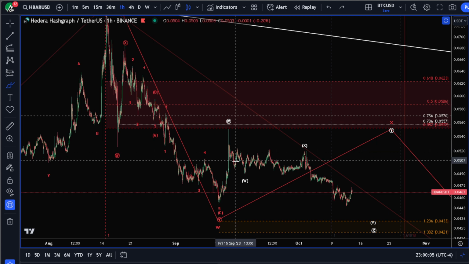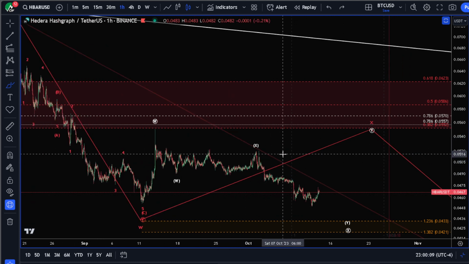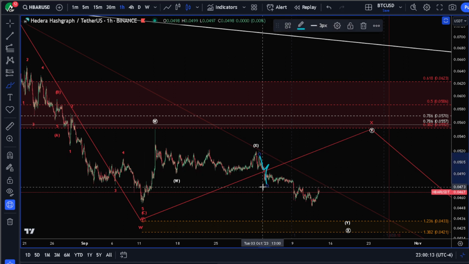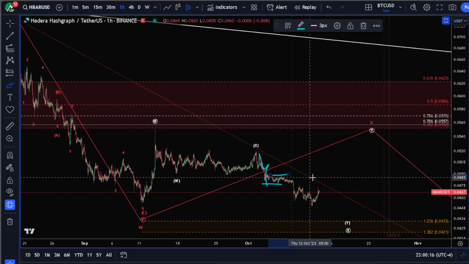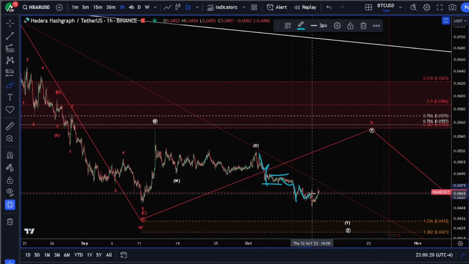The way I have this is a double zigzag here for a W wave, and this would have to be a zigzag here, probably a flat here, and a double zigzag here, ABC, ABC.